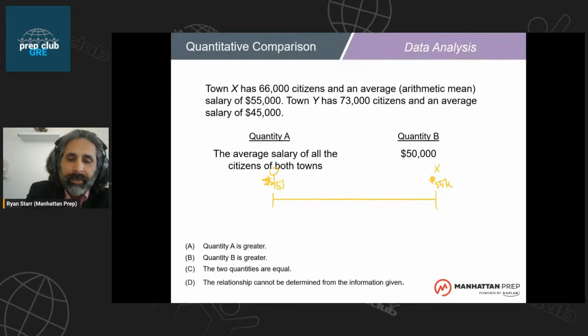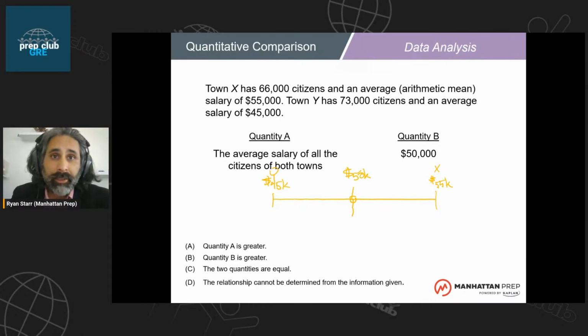And if we think of 50,000 in quantity B as the break-even point, the fact that town Y has more citizens means they're going to have more pull on the average, right? They're going to win this. You think of it as a tug of war. They're pulling harder with their 7,000 extra citizens, and the average is going to end up somewhere over here, somewhere to the left of the 50,000 mark. That makes B the winner.